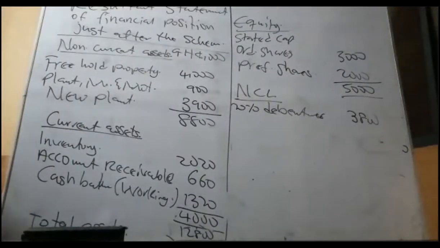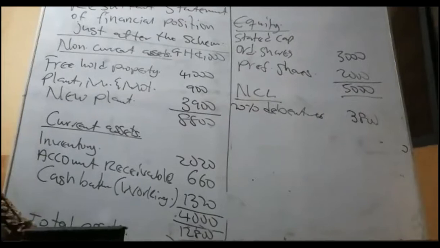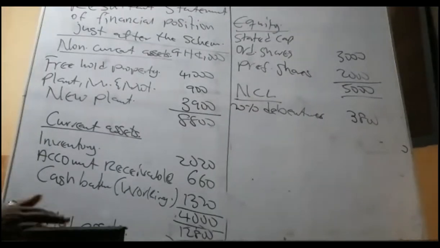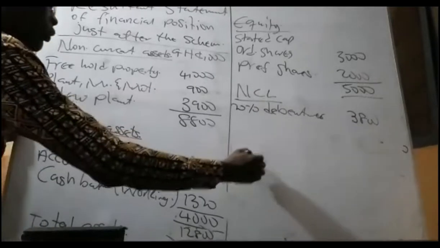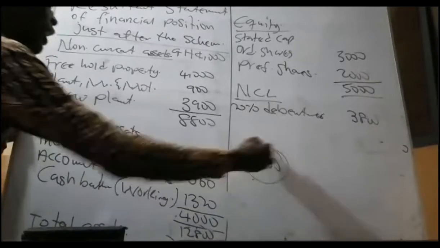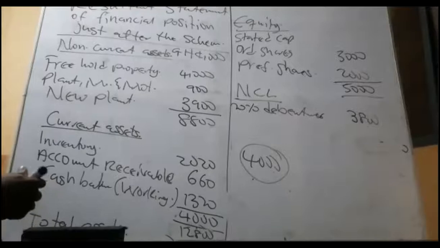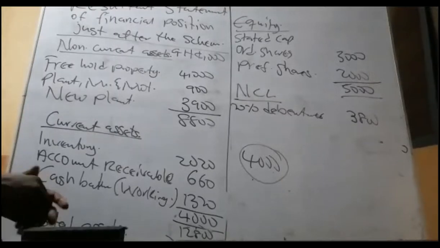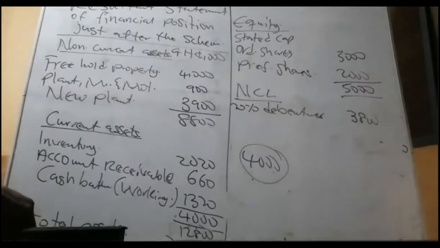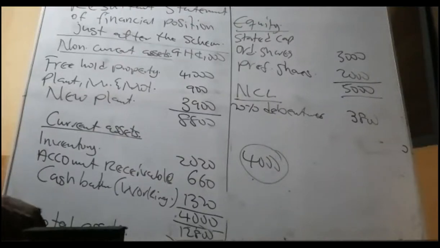Then, is there any loan that we converted? The bank overdrafts. We added more to it and now we had 4,000. And we said that this 4,000 is too much, so they should convert parts of it to be a 10% loan note.